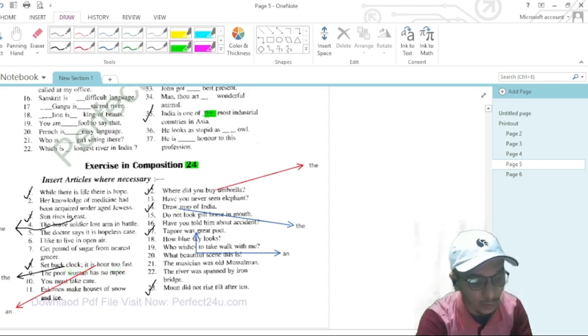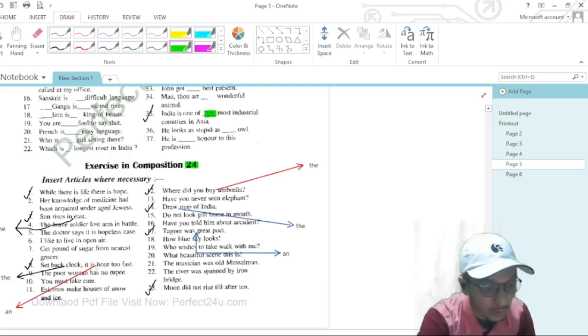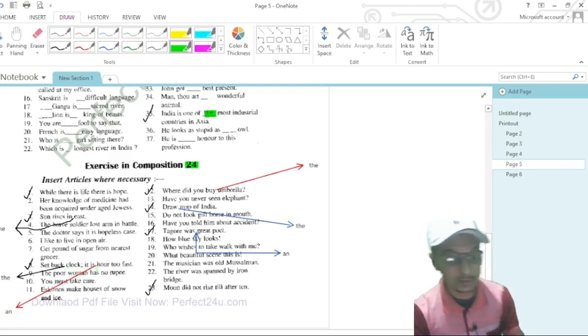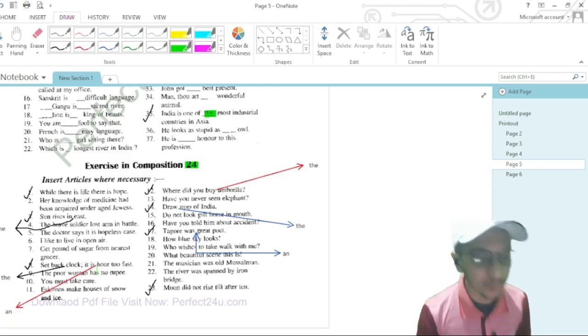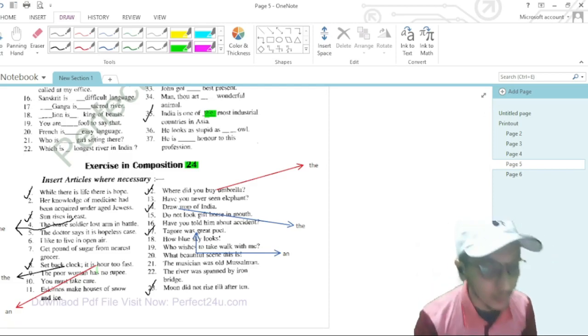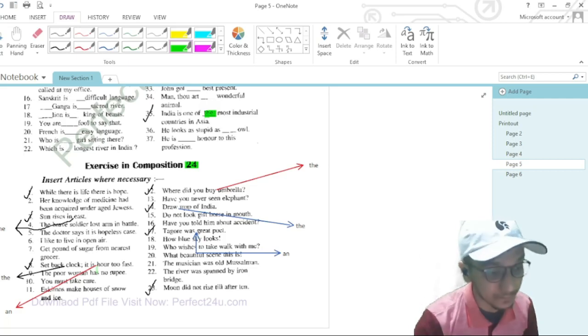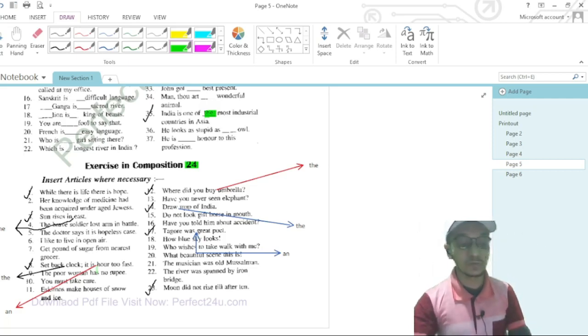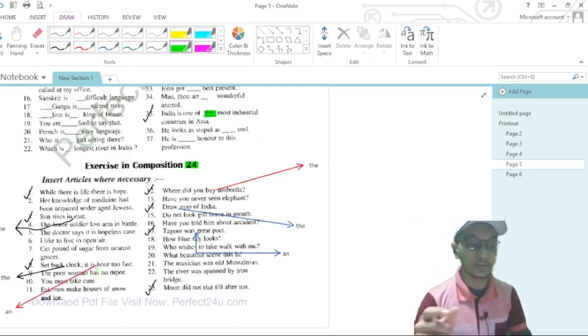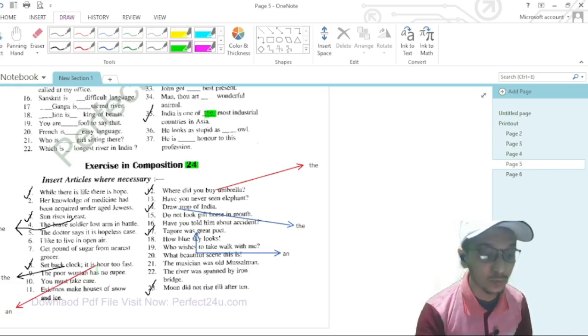Set back the clock. It is an hour too fast. This is the insertion or correction. There are two insertions in this sentence: set back the clock, and it is an hour too fast.